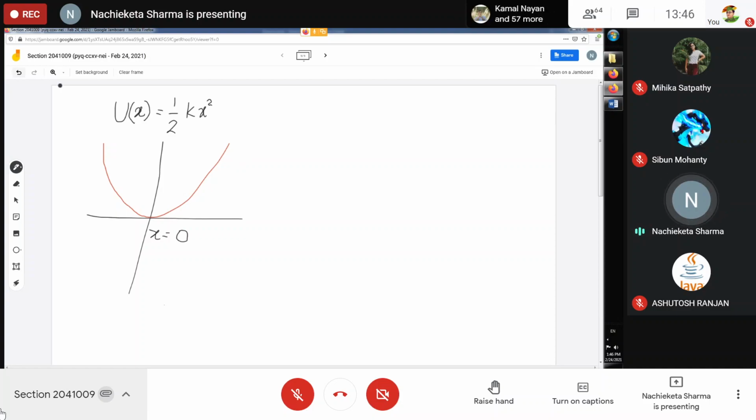Now I want to draw the elastic force diagram. So I will take x along the horizontal axis and Fx along the vertical axis, and I have to draw Fx equals minus kx. This is very nice, actually crucial, because when x is negative, Fx is positive, and when x is positive, Fx is negative.